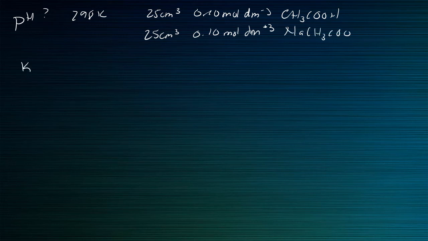Your Ka is 1.8 times 10 to the negative 5 at 298 Kelvin.